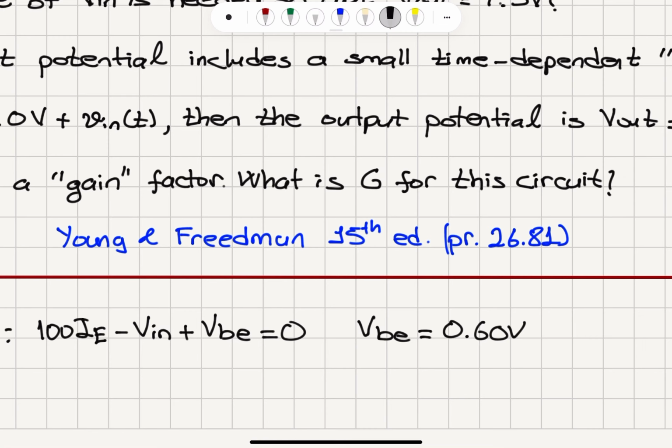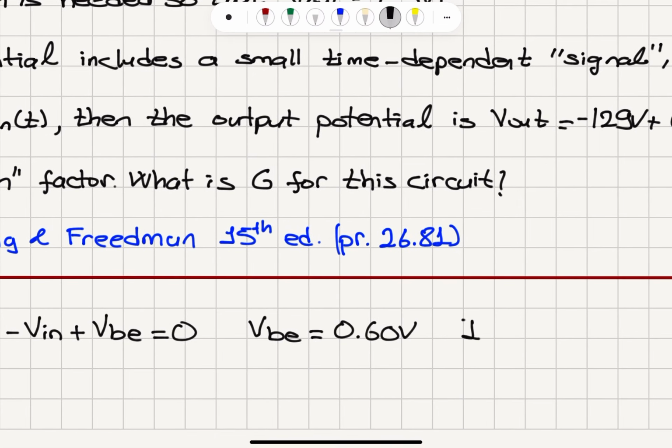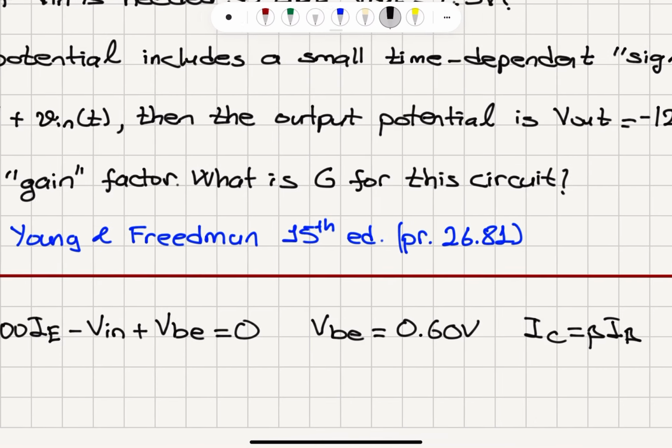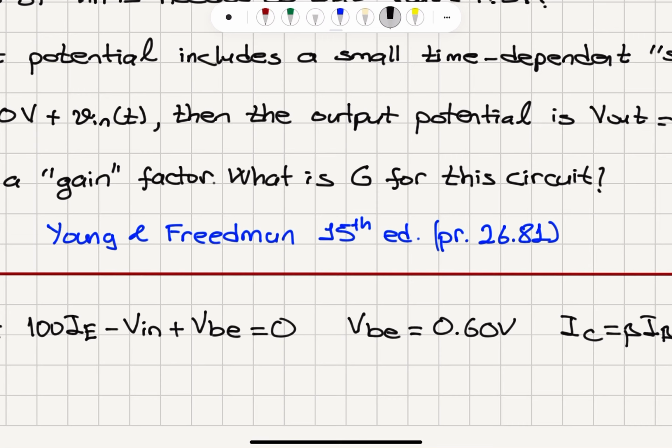That was rule number 2. And IC, collector current, is beta times the base current. That's rule number 3.